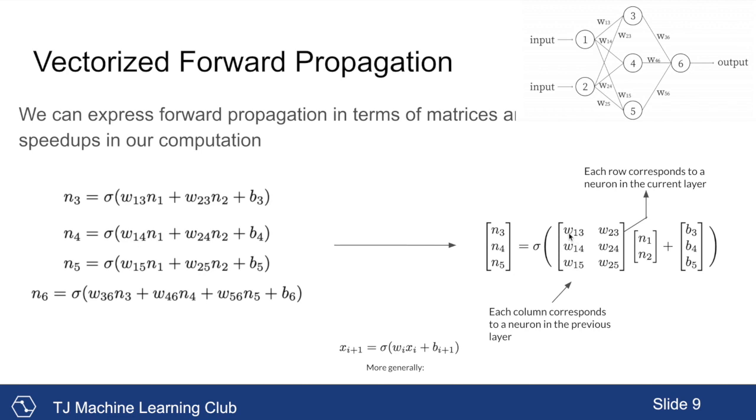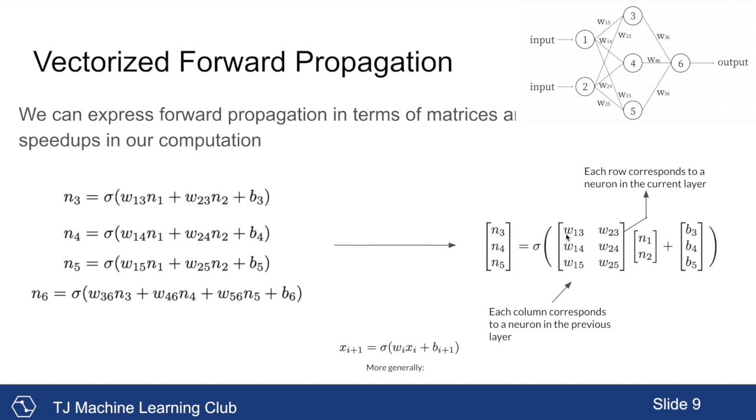This is the weight connecting input one to neuron three, the weight connecting input one to neuron four, and so on. And each row corresponds to a neuron in our hidden layer. So both of these weights correspond to neuron 3, both of these weights correspond to neuron 4, and so on. And when you do the matrix multiplication between this weight matrix and our input matrix, what you end up getting is, we can do this for at least n3.